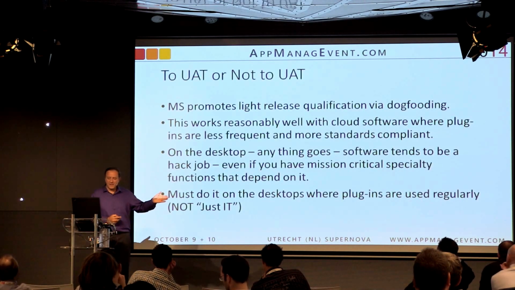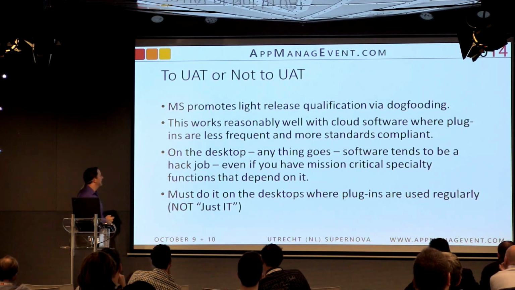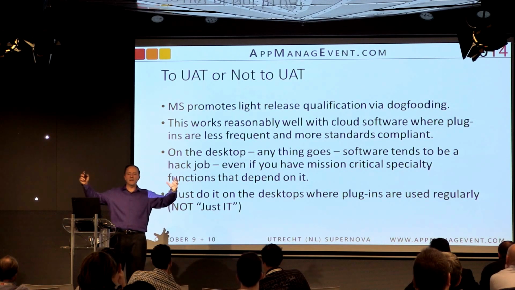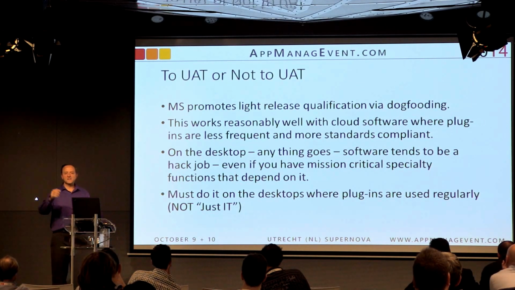To UAT or not UAT, I actually already talked to this just by saying, don't just run it on IT desktops. One of the things that this whole thing is kind of flowing from is the cloud, right? So the cloud, hey, we push out new deployments to the cloud all the time. Well, yeah, there's like 10 software vendors that have software that integrate to the Office on the cloud version.